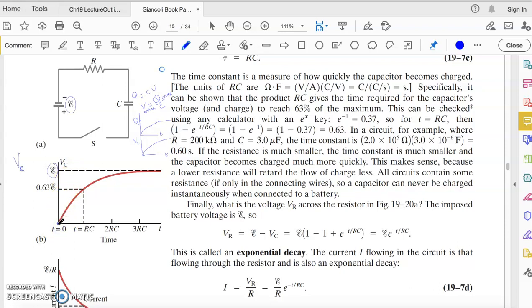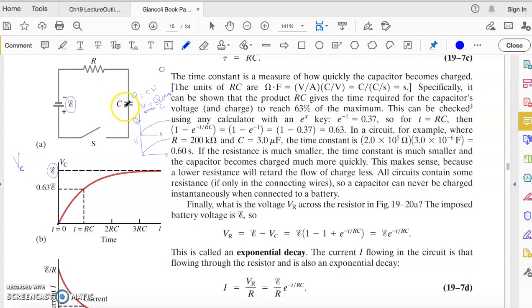The charge across the capacitor is 0. We keep going, forget about these details at this moment, and it will be increasing. The charge is increasing. The voltage across the capacitor is increasing till we reach the maximum value. So maximum charge across the capacitor will also have the maximum voltage across the capacitor.